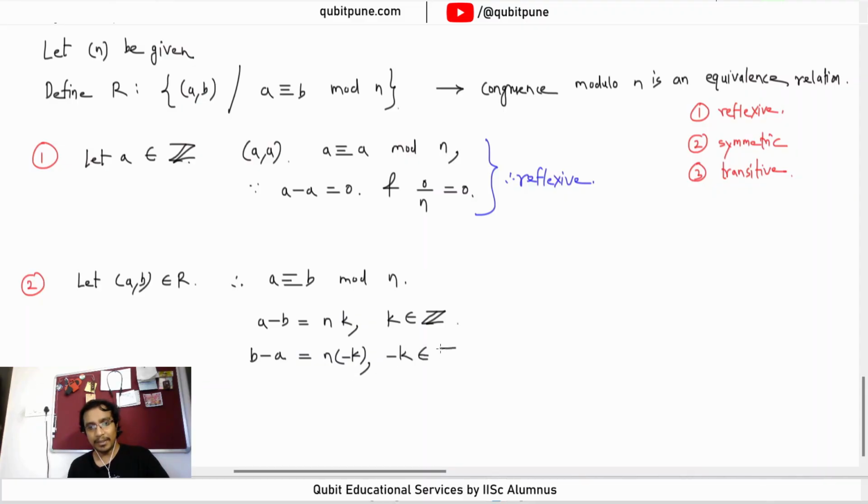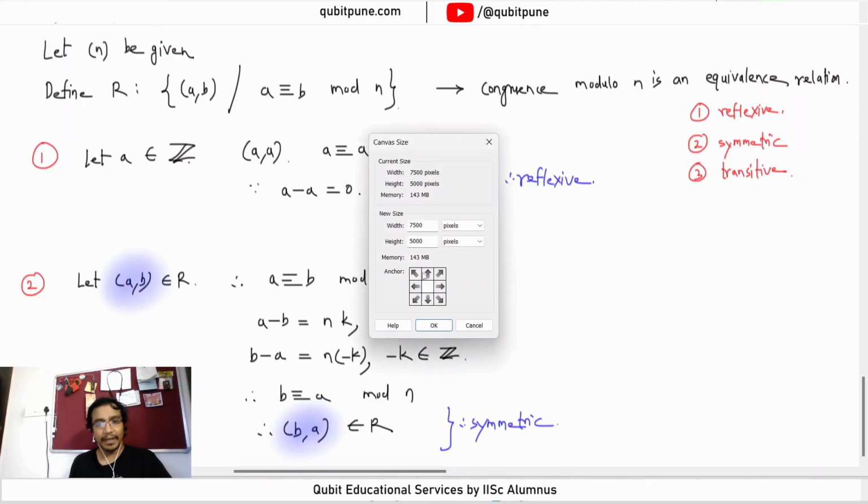Negative k is also an integer. That means B is congruent to A mod n. Essentially this means B comma A also belongs to R. So whenever A comma B belongs to R, so does B comma A. That proves that the relation is symmetric.